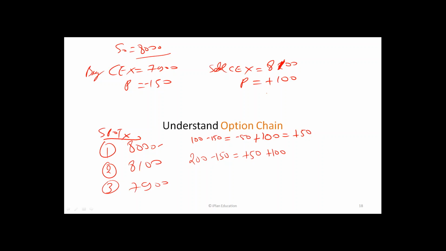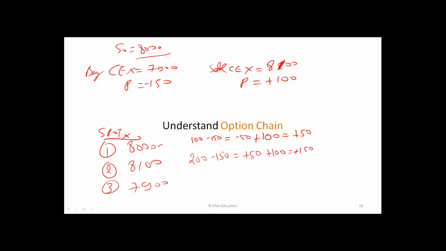So you're going to receive 0 as a premium. So this 100 is entirely in my pocket. So if the market closes at the money at the time of expiry, the contract will have 0 intrinsic value and 0 time value. So what happens is the entire 100 rupees remains with the seller. So in the second case, we'll make a profit of 150.